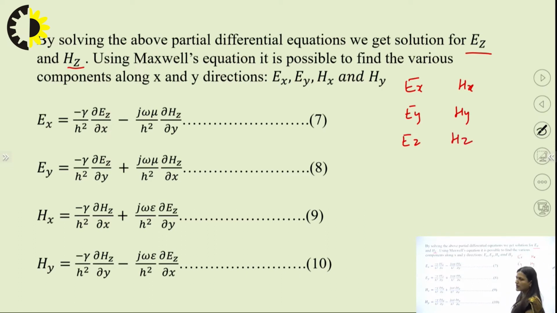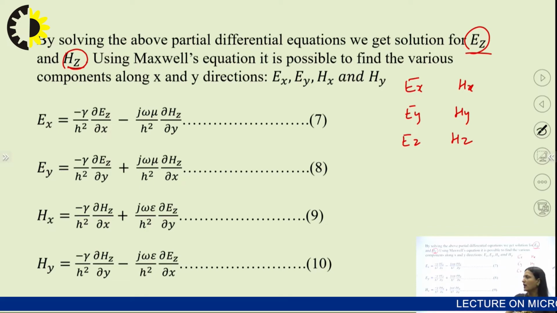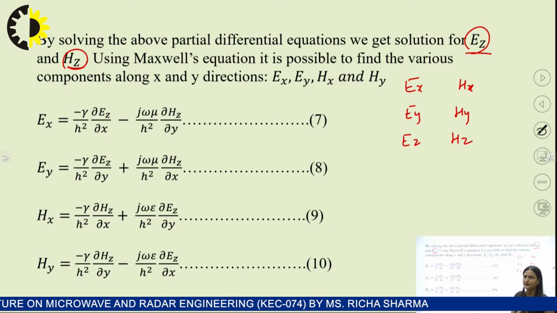We require all the 6 components, right? So how can these 6 components be found? From the last two equations we can get the value of Ez and Hz. It means we require all these equations in the form of either Ez or Hz, so that after putting in the value of Hz and Ez, we can find Ex and Ey.